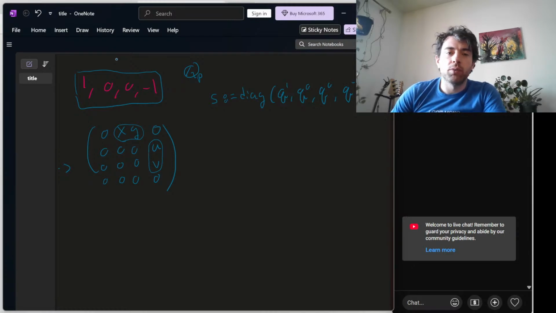And now what you do is you consider conjugation on the full Lie algebra. So let me say this. We're looking at representations of GLN, in this case GL4 of Q_p. I'm going to define S, and I'm going to think about this as an element lying in GLN of C.